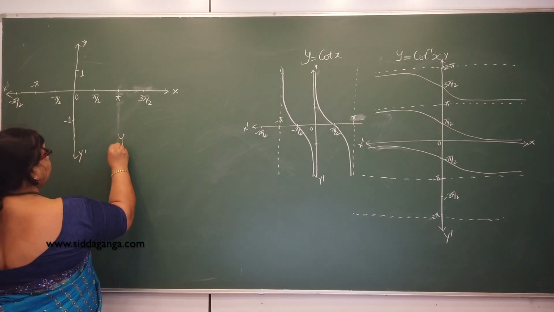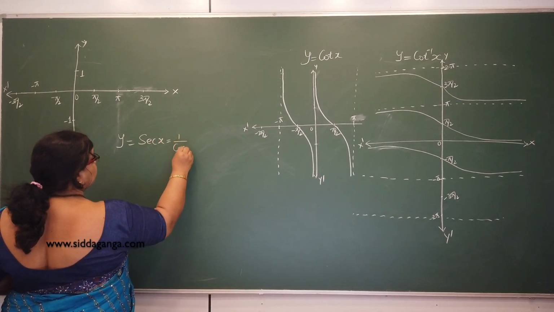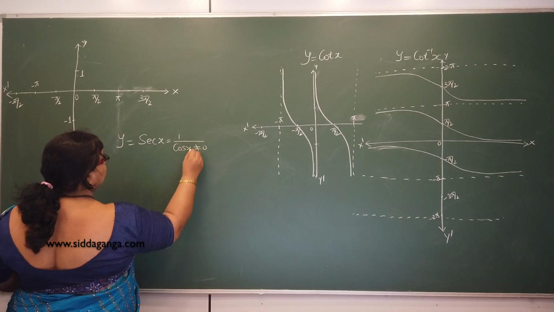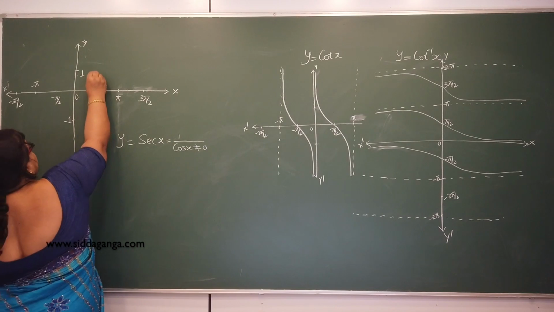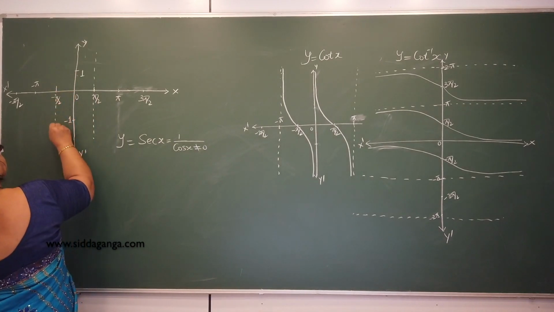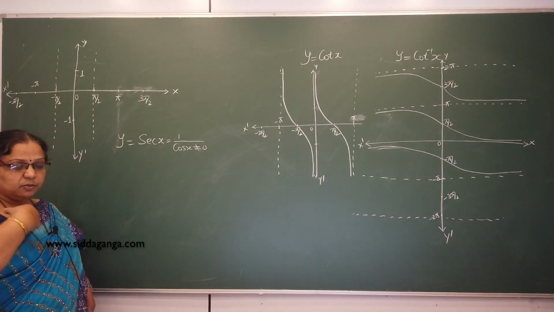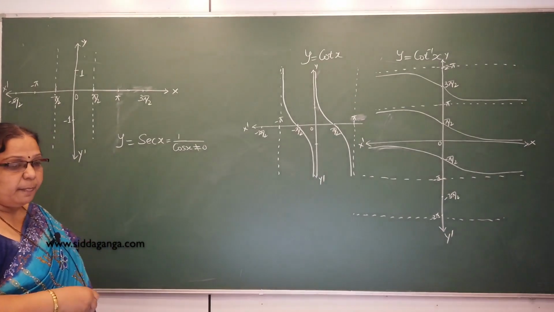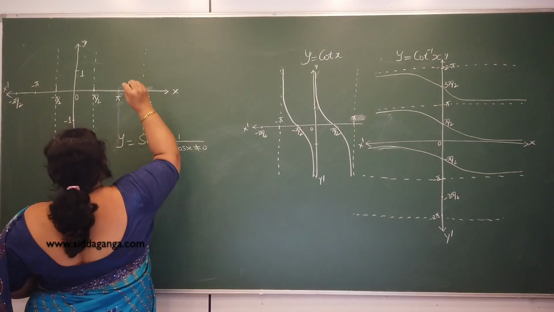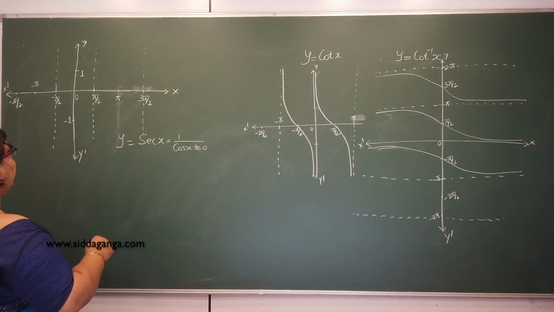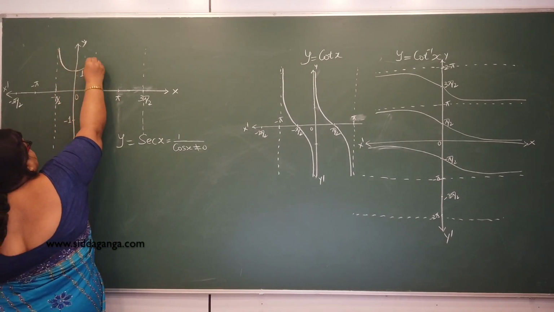This is the graph of the function y equal to secant x. Secant x means 1/cos x, where cos x should not be equal to 0. Cos 90 degrees becomes 0, so draw a dotted line near 90 degrees, on both sides. Next, draw a dotted line at 3 pi by 2. So we take everything except the odd multiples of pi by 2. So the graph of this comes like this.